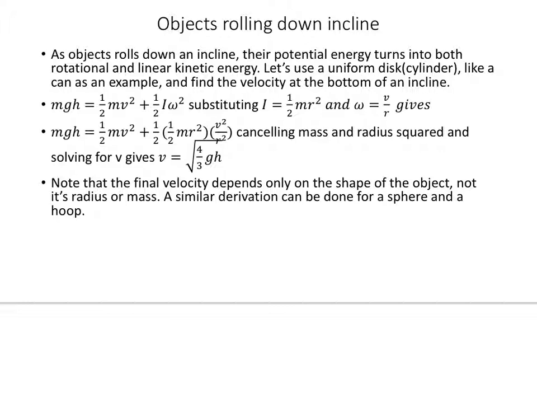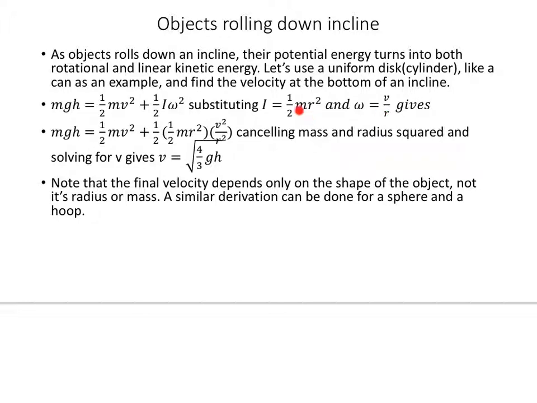Now, since we are using a uniform disk, for I, we're going to substitute the 1/2 mr squared, and for the W, we're going to use the equation V over R, which we've seen before.